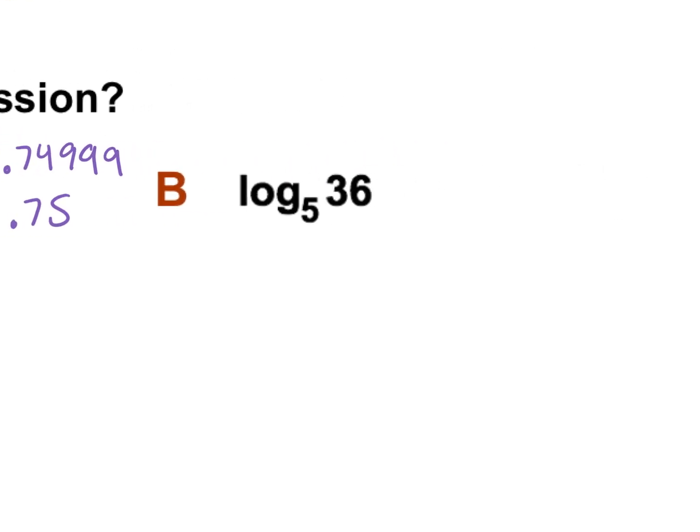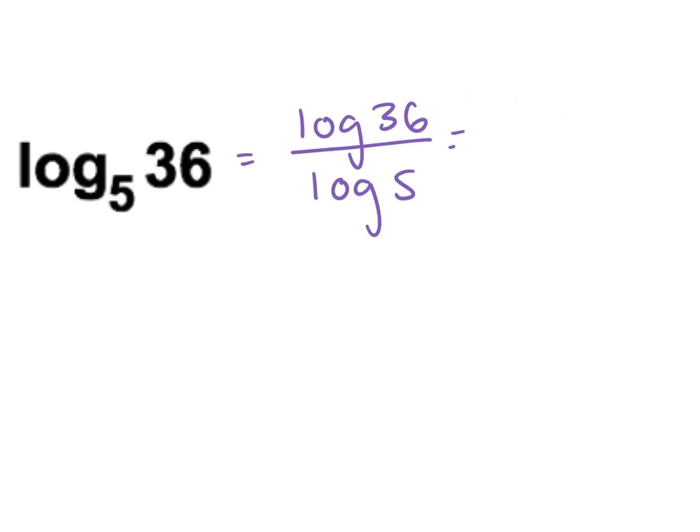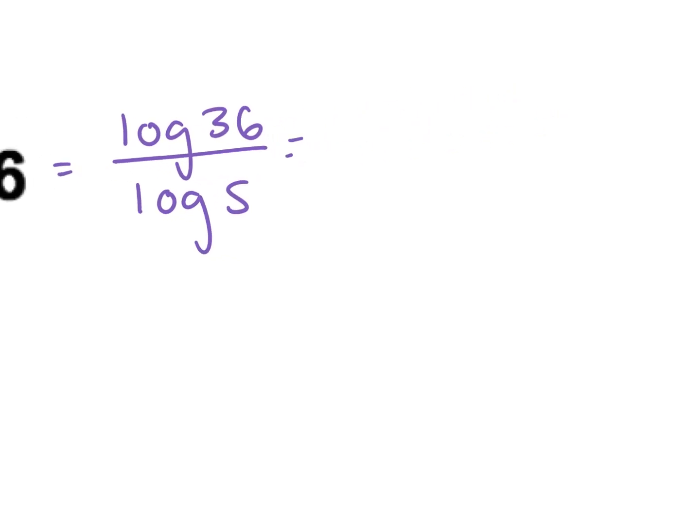All right, let's do B, I guess. Which number is going to go on the top? So log of 36 on the top and log of 5 on the bottom. So some calculators, you have to do it separate. So we would do log of 36. And that gives you 1.556302.